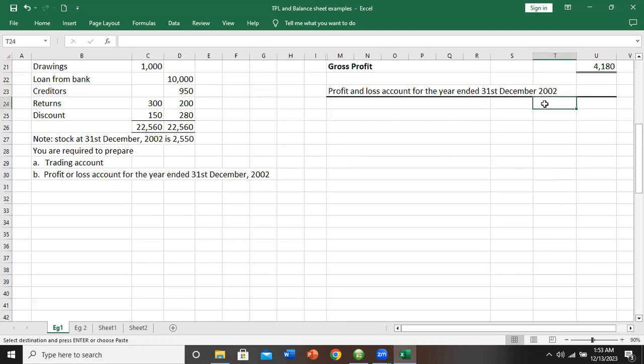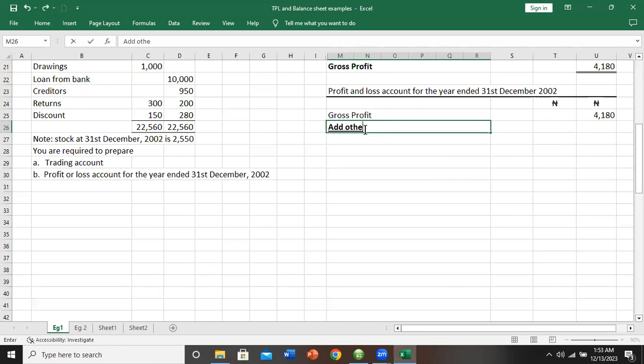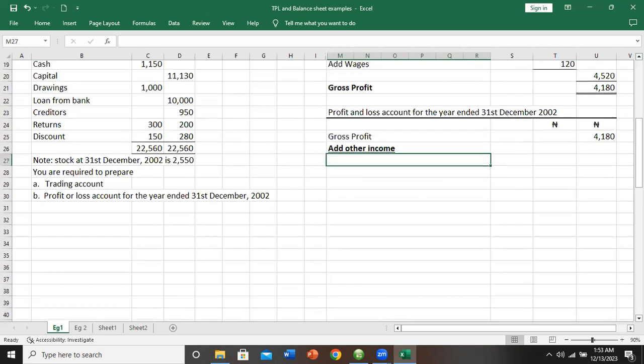So we bring our gross profit, which is 4,180, and then we add other income. So you go through the question and fish out the other income. So here you are going to assist me, ladies and gentlemen.